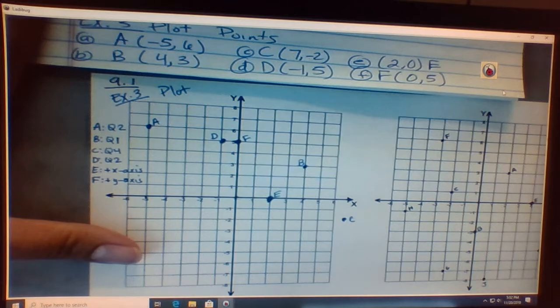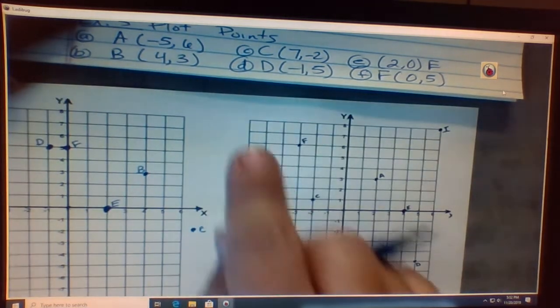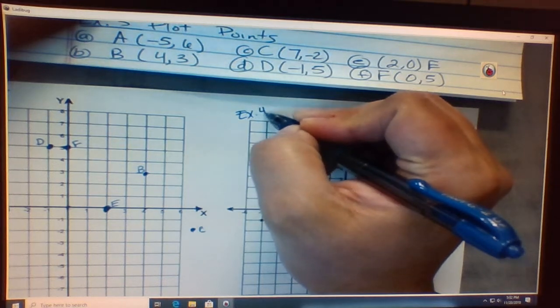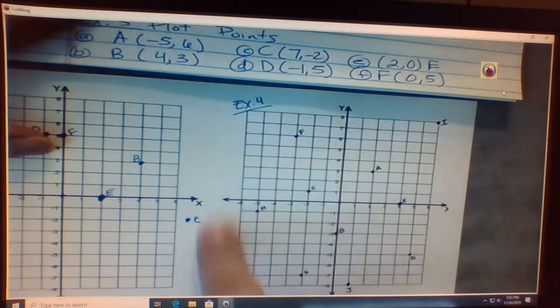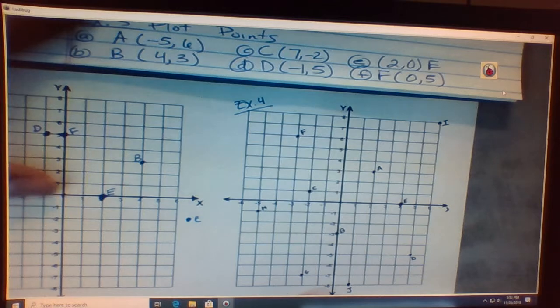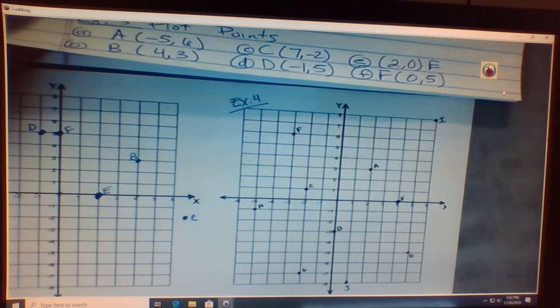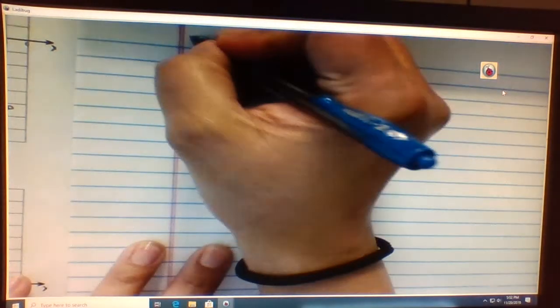Good. Now, this is going to be example number 4. I need for us to look at this, and there's, I think, 10 points on there. And I need you to tell me where they're found and in what quadrant. So I'm going to turn the page here. Example number 4.